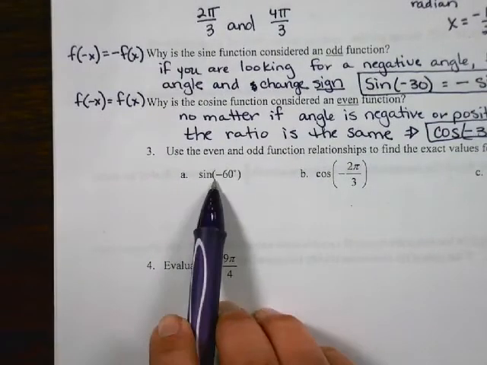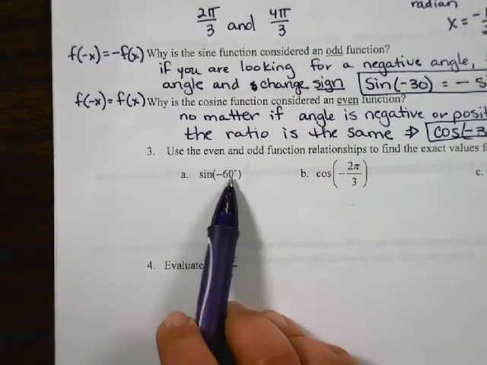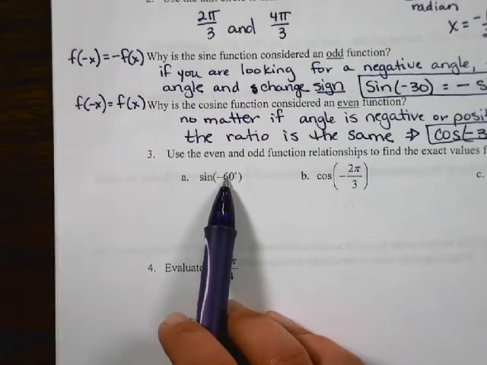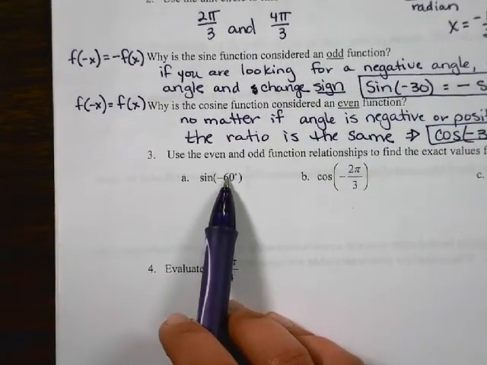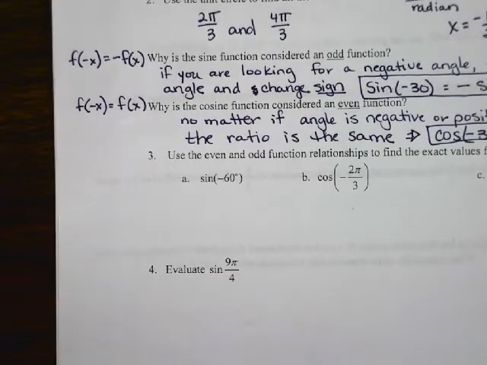Okay, so the sine of negative 60. What I want you to know there is that that negative matters. But I don't have negative 60 on my circle. So it'd be a whole lot easier if I could decide what to do with that negative without saying, okay, I'm in quadrant 4, that's reference angle. Does that make sense?